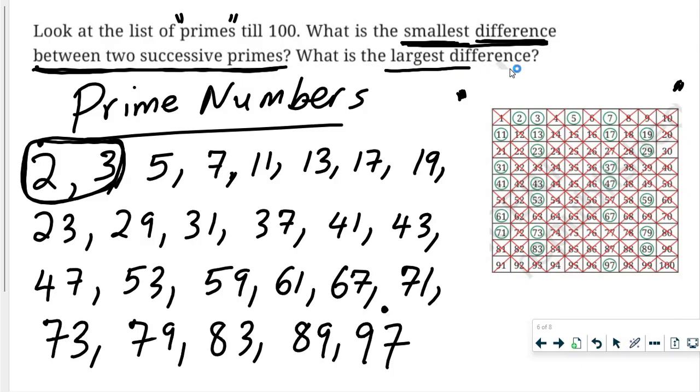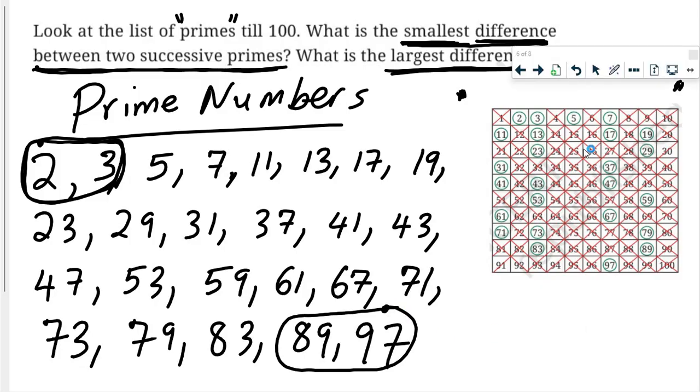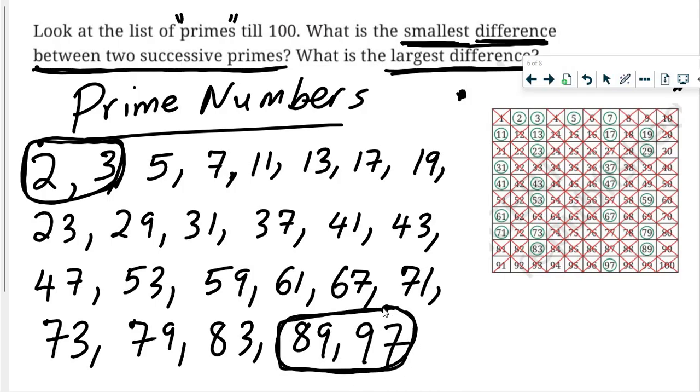What is the largest difference? The largest difference is between 97 and 89.